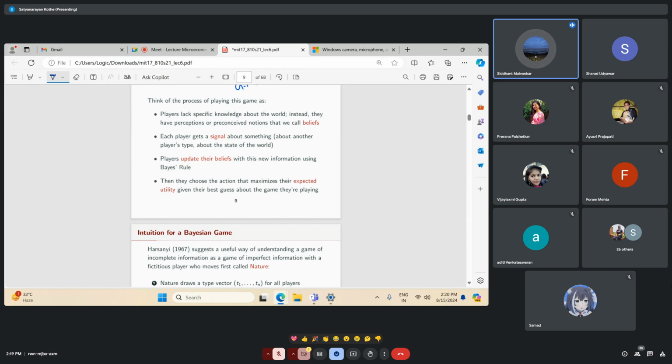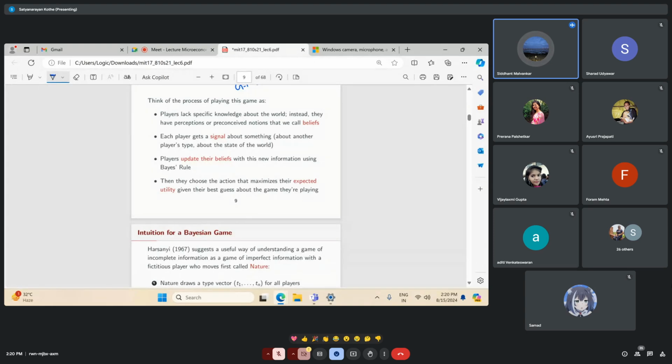So signals depend upon the beliefs as well as the type of player, and about the state of the world. So both of these give some signal. Type of player is one, and the other is the belief, the information or perceptions you have about the particular players. That gives you some signal, and players update their beliefs with this new information using the Bayes rule.